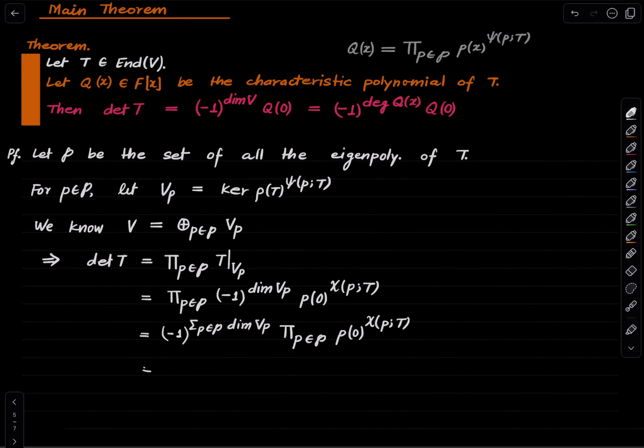But the first term is the dimension of the vector space. The second term is q of 0 by the definition of the characteristic polynomial. It's an immediate consequence of the previous proposition.